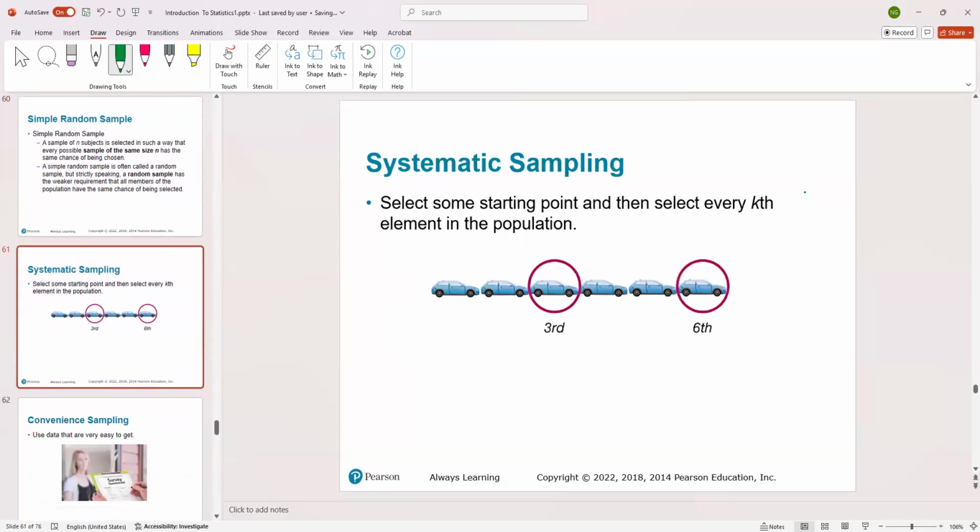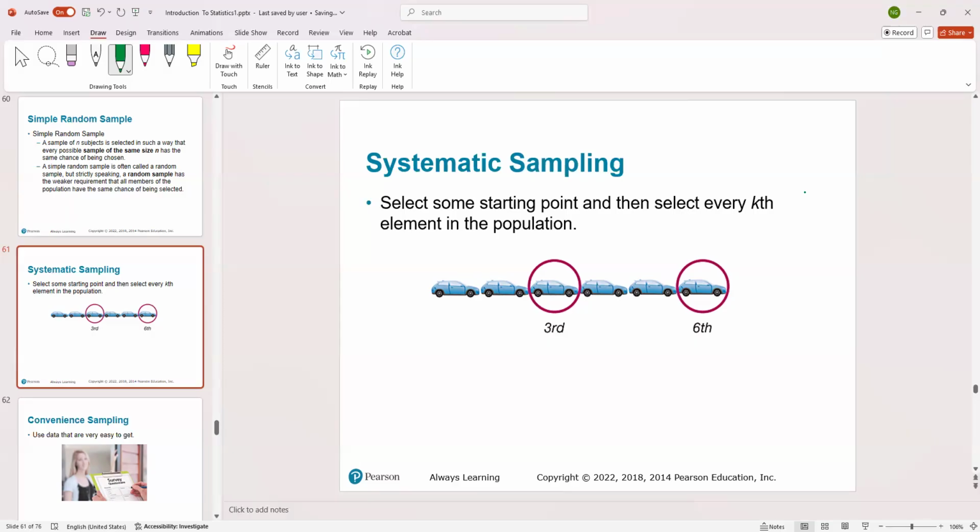Those are just the definitions. We have a lot of definitions here to see, because there are many sampling methods in addition to the simple random sample. One of them is systematic sampling.